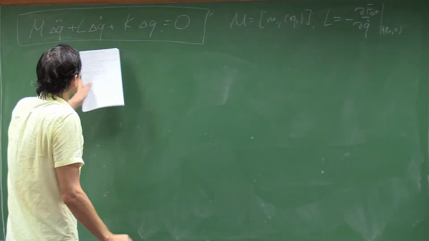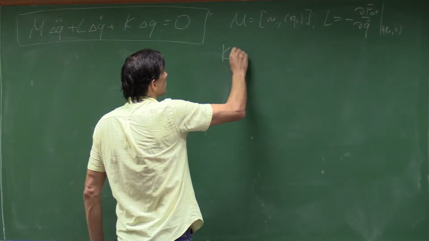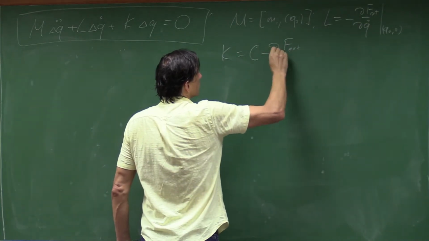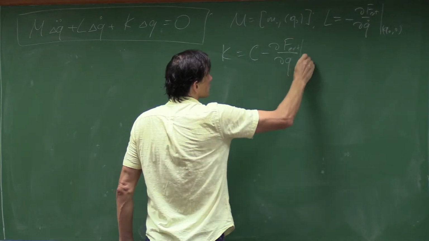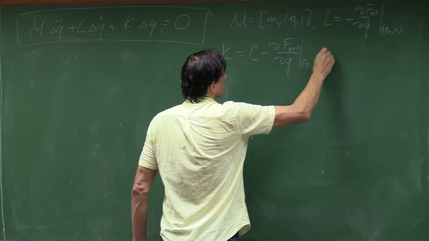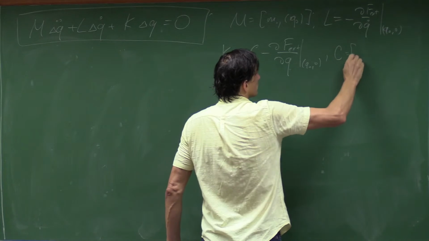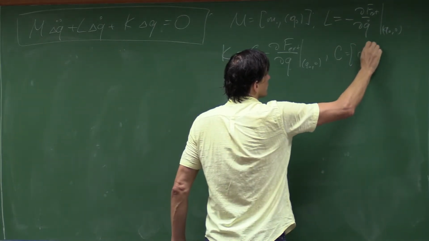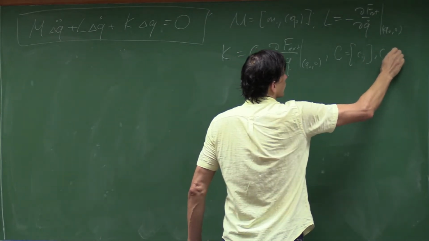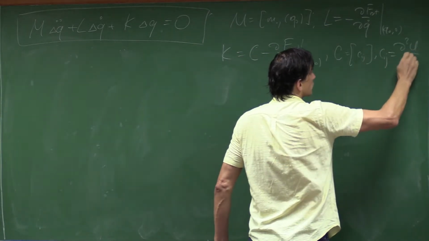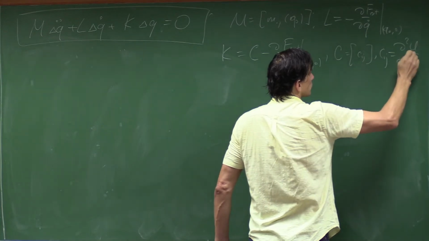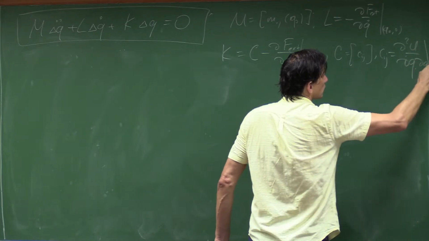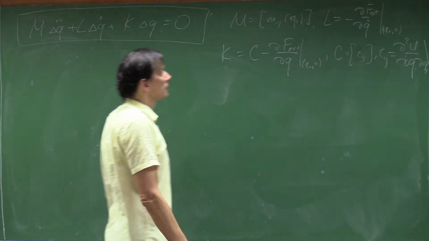And then this K matrix is C minus the Jacobian with respect to coordinates, and C, with components C_ij, is a matrix whose components are second derivatives of the potential, also at the equilibrium, right?